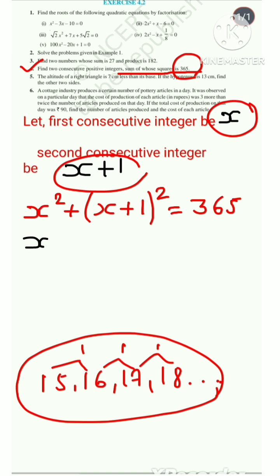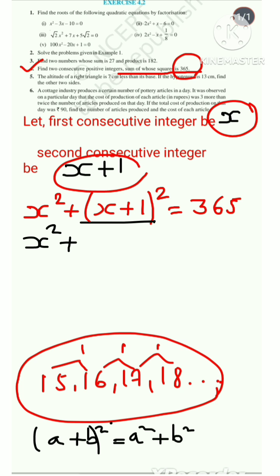Now let's simplify. x square plus x plus 1 whole square. It is in the form of an identity, and that identity is a plus b whole square equal to a square plus b square plus 2ab. Here also we have to expand this expression like this.